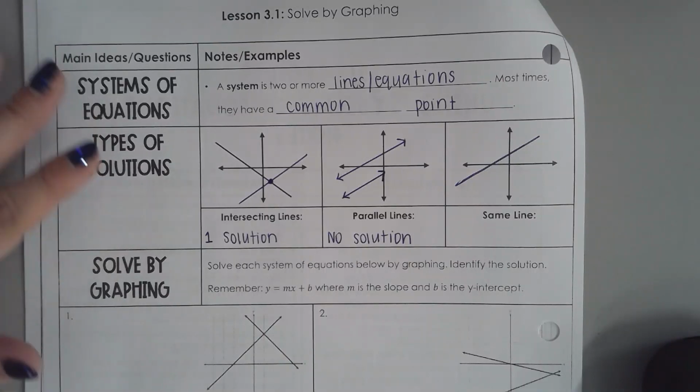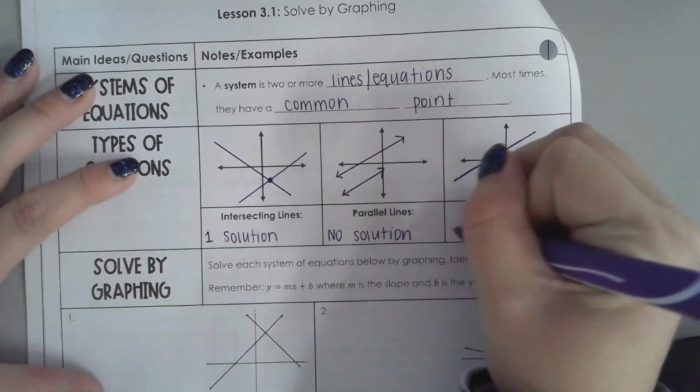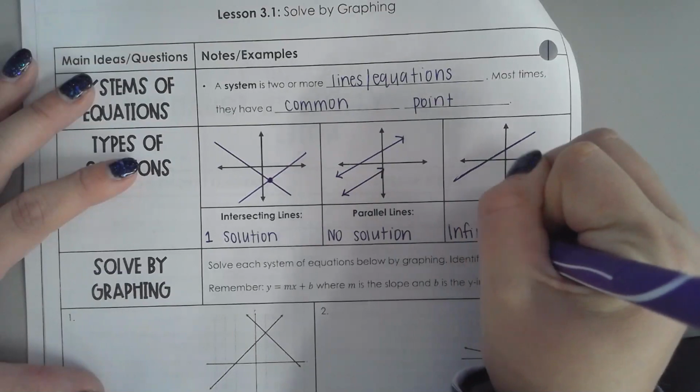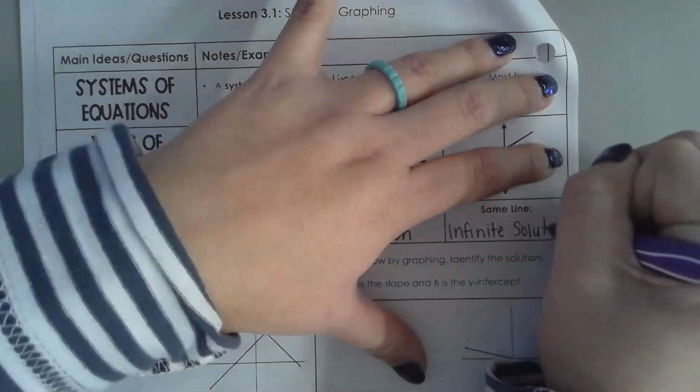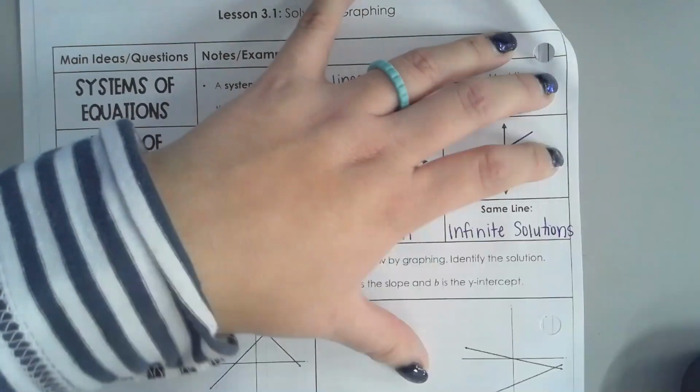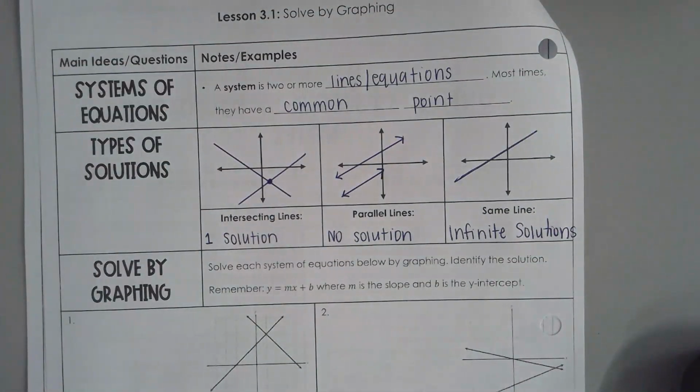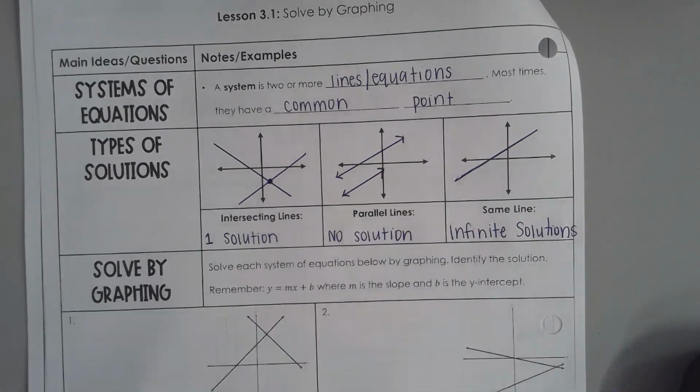If this happens, we say that they have infinite solutions. Solution means they cross. So if you have 2 lines that are completely on top of each other, every single point is considered a solution. That's why we say infinite. Every single point is the same.